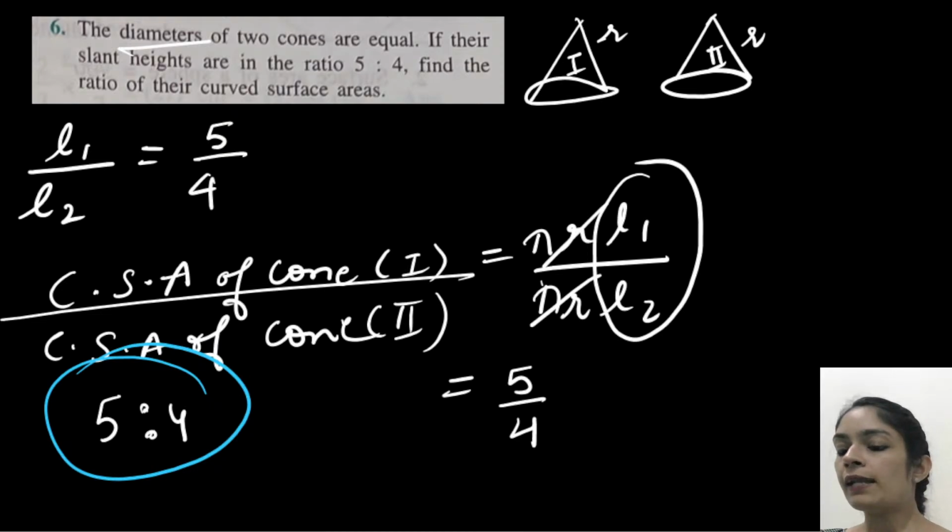So in exactly 1 hour, we have completed 6 questions, and these 6 questions include MCQs also. The MCQs themselves were 5 questions. So you can see the speed now, because cylinder was just the starting of the chapter. Now we have learned the concept, so very fast we are doing the questions of cone.